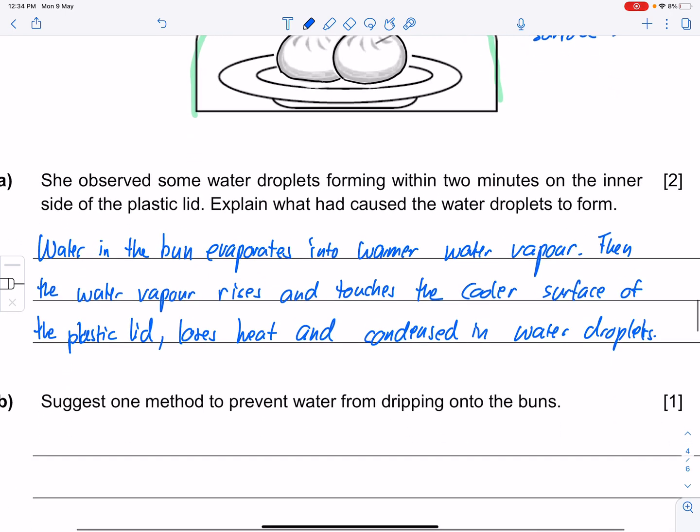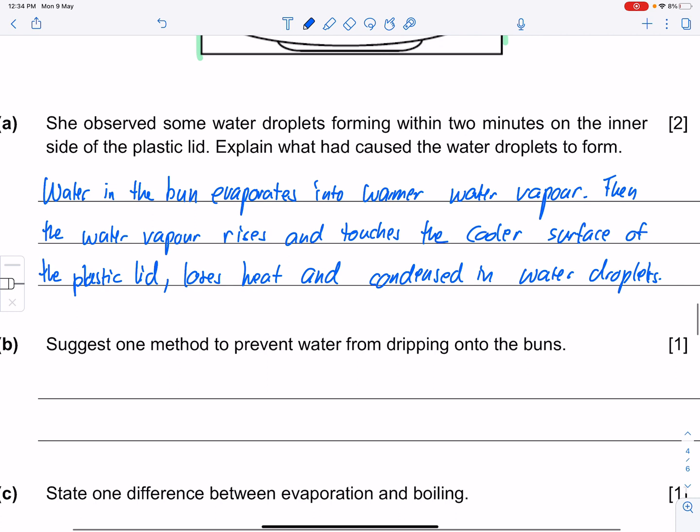Okay? Next, suggest one method to prevent the water from dripping onto the buns. So some of you said things like, remove the lid. That's not the point. If you remove the lid, guess what? There is no water in the first place, right? So your answer would be to poke holes into the plastic lid.